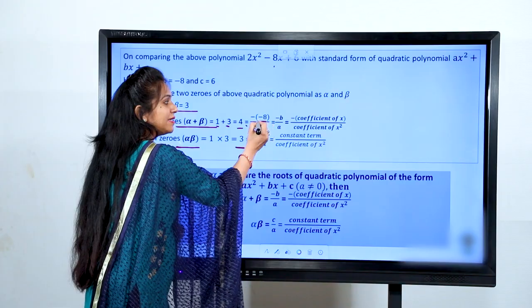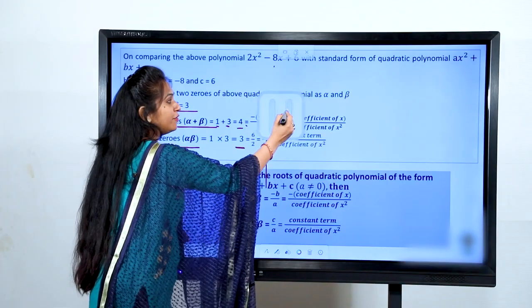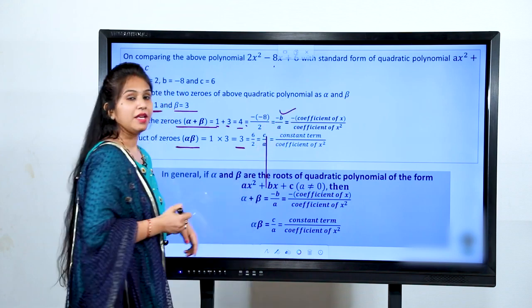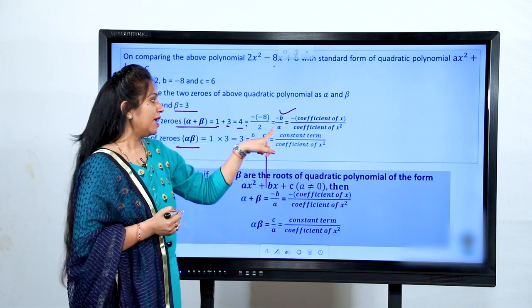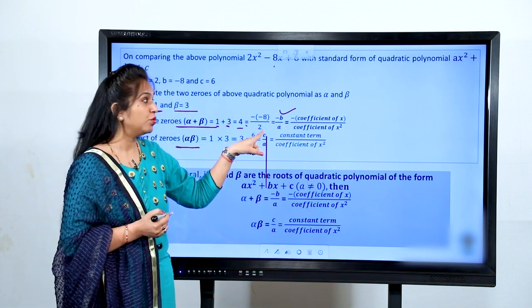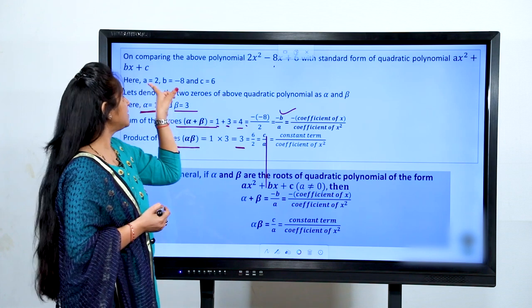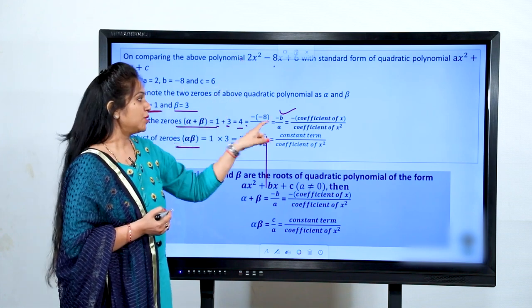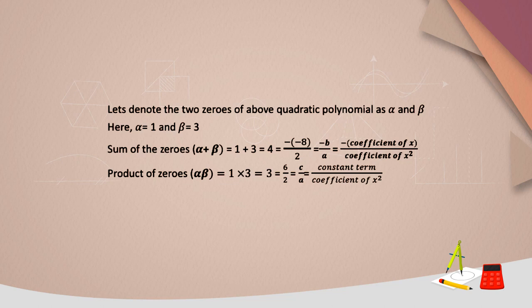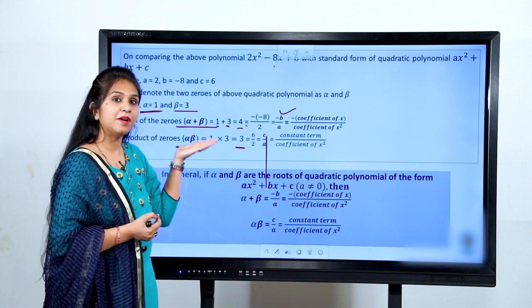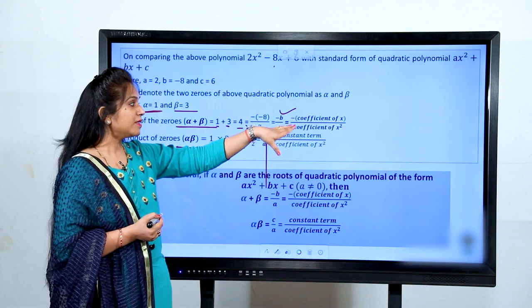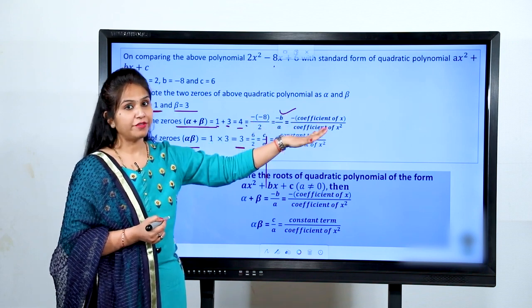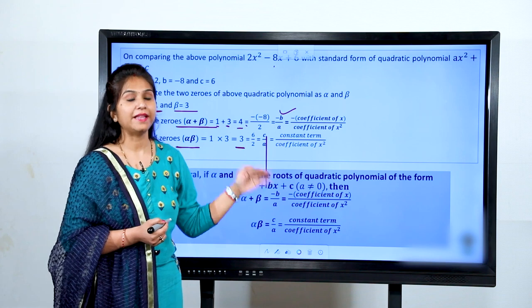But this -8 is actually the value of b, so it is -b. And what is b? b is actually the coefficient of x. And in the denominator we have 2. Children, on comparing, you can see what 2 is: 2 is actually a, and a is the coefficient of x². So from here we see that the sum of the zeros, that is alpha + beta, is also equal to -b/a, that is, minus the coefficient of x upon the coefficient of x².